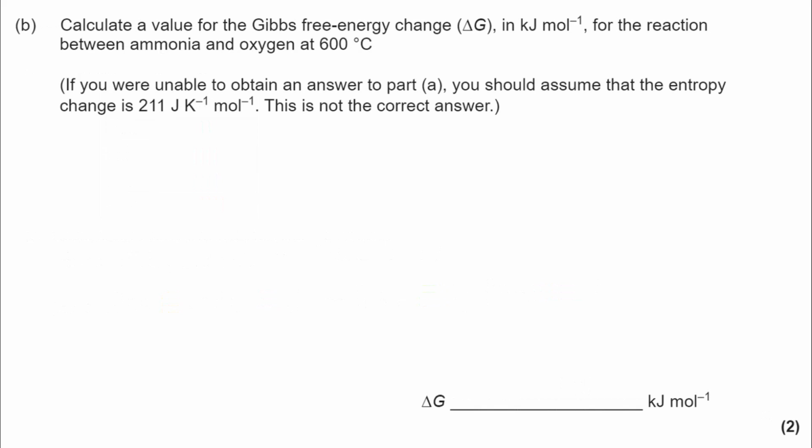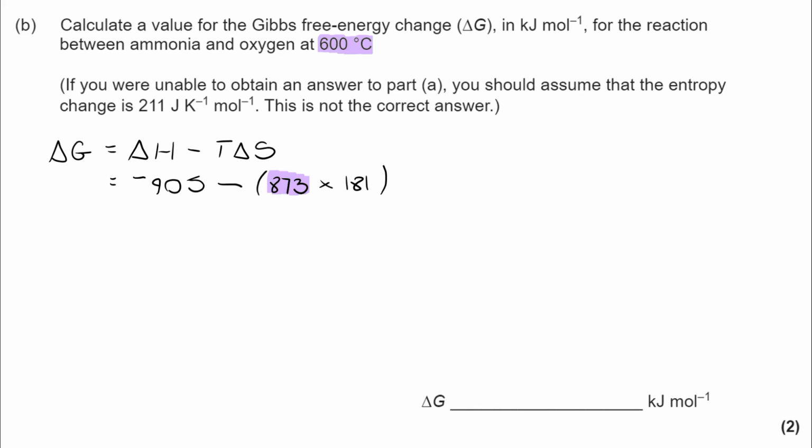On to part B, and this is a Gibbs free energy calculation, so you've got to remember what the expression for Gibbs free energy is. And when I start to put those figures in, you can see I've got the negative 905 from earlier in the question. The delta H was provided. My temperature was given in degrees Celsius, so I've needed to add 273 to convert it to Kelvin.